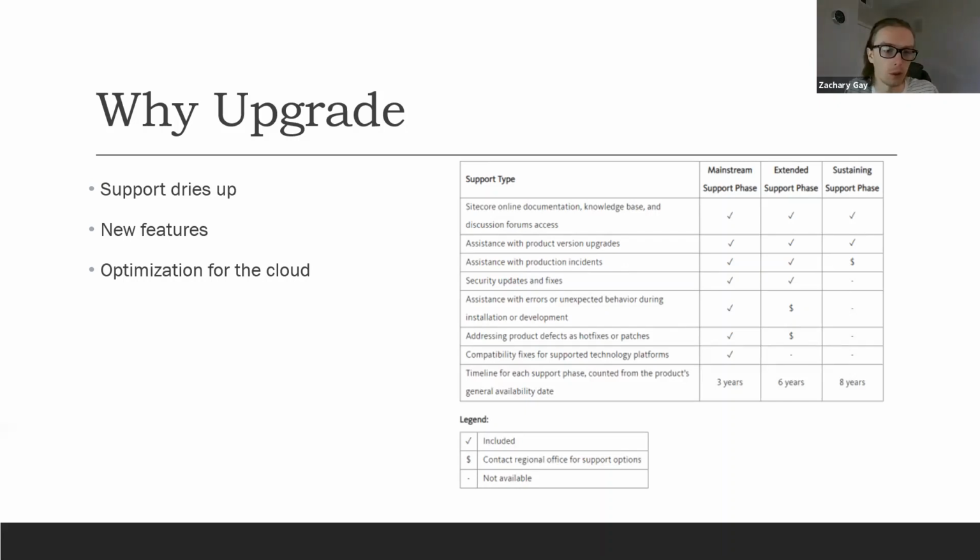So let's see what else. Optimization for cloud. If you're on a very old version of Sitecore, you know this. Moving to newer versions brings with it the support for being able to do things such as blue-green deployments. No one likes to stick around in the middle of the night for something to fail. You get this guaranteed uptime by using Azure. But flashy features aside, you also get support for things that make your developers happy.